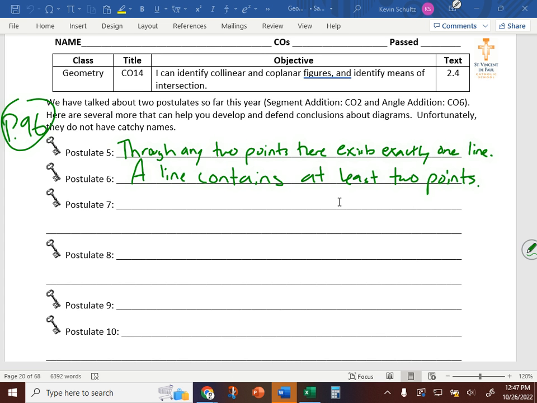If I ask you how many points are in a line, you'll need to tell me at least 2. Your answer would be at least 2, but you don't have to know that it's because of postulate 6. Okay? Kylie.